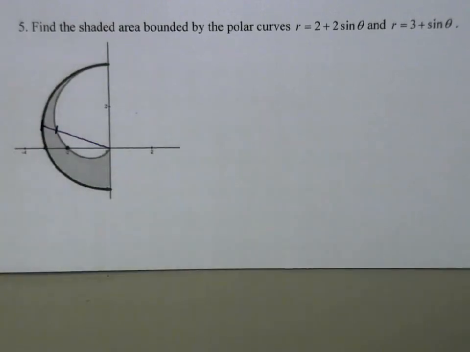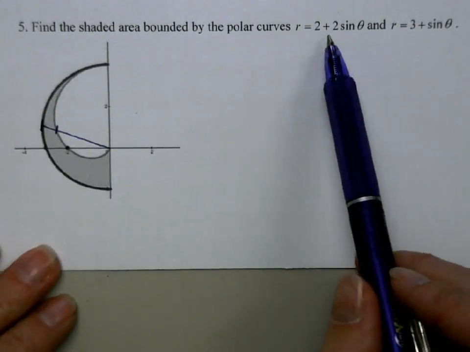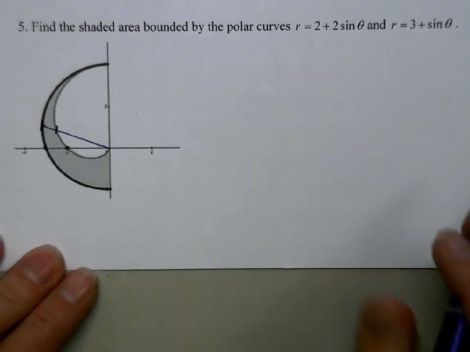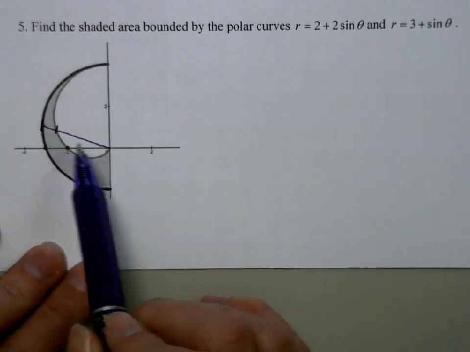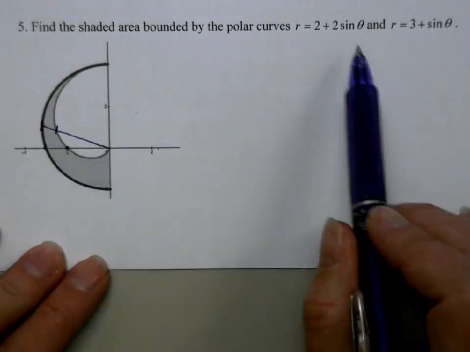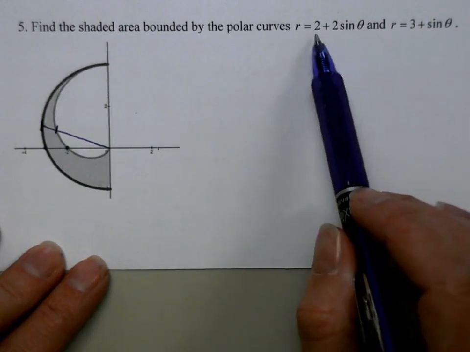We're given two equations, 2 plus 2 sine theta, which is a cardioid, and 3 plus sine theta, which is a limacon. But if we're not sure, we see here at pi, if I plug pi into this one, we're going to get 2 plus 0, so we'd get 2.